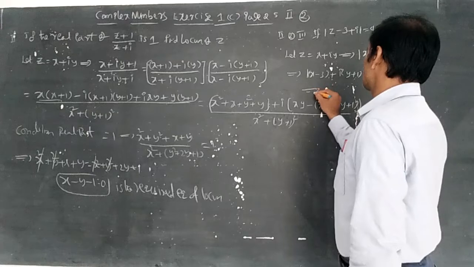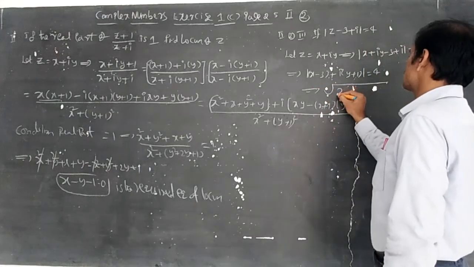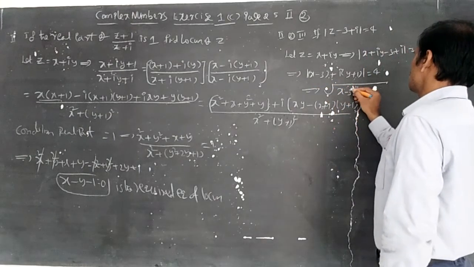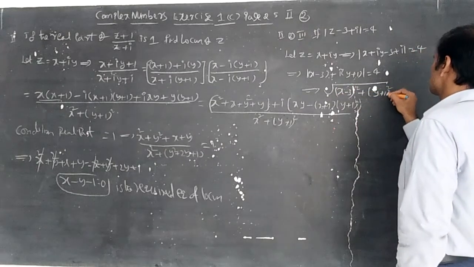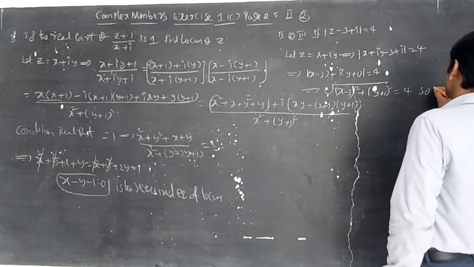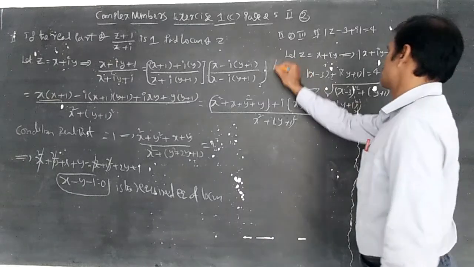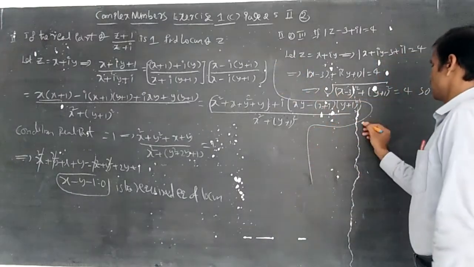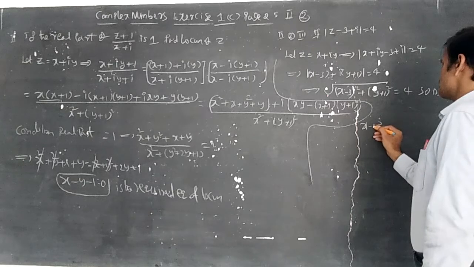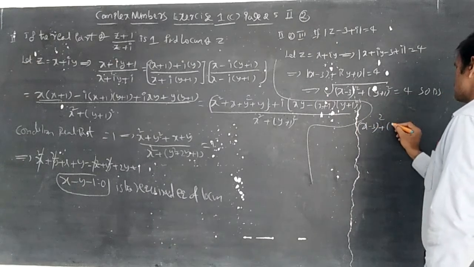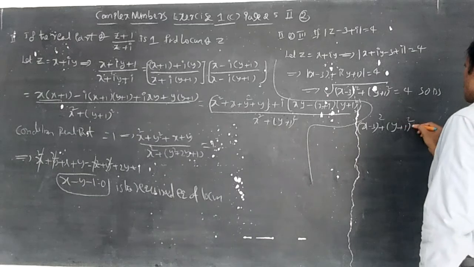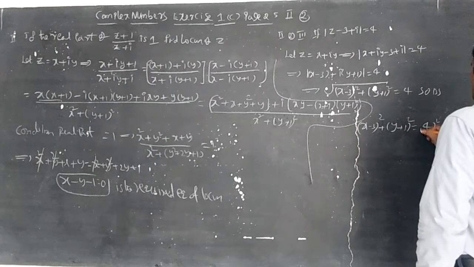So you can write here root of (x minus 3) whole square plus (y plus 1) whole square is equal to 4. By squaring both sides, you can write (x minus 3) whole square plus (y plus 1) whole square equal to 4 square.